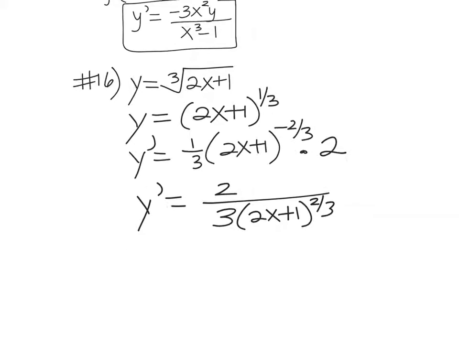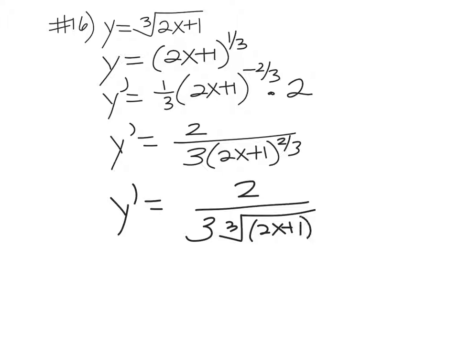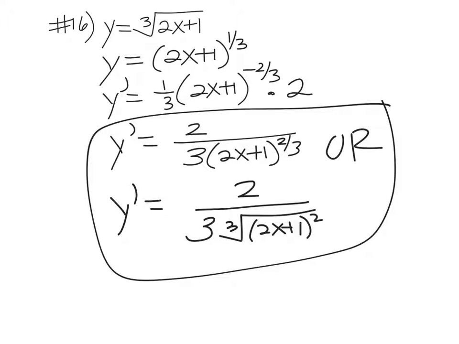I'm okay with that answer. Some professors might want you to rewrite it as the cube root of 2x plus 1 squared. That's what to the 2/3 is, but I'm cool with either of these two answers. Okay? Did you get it? Yeah? Good.